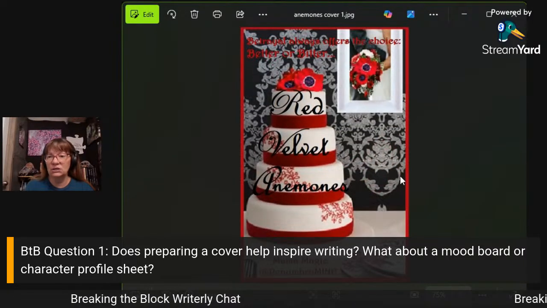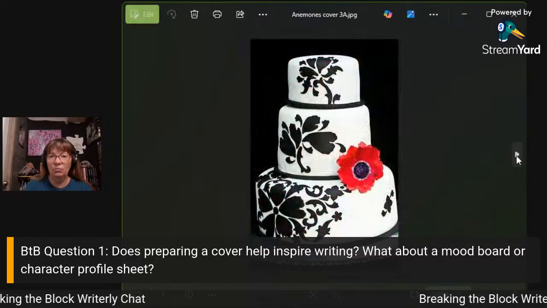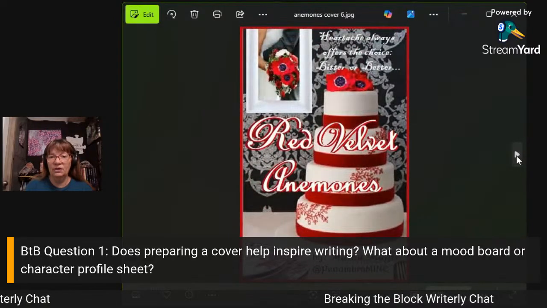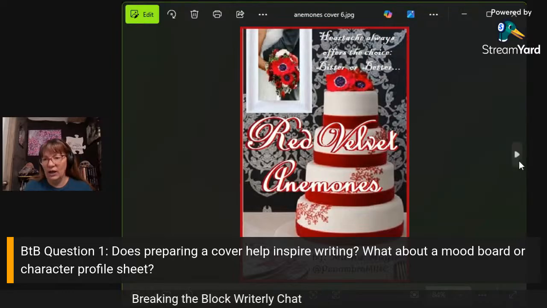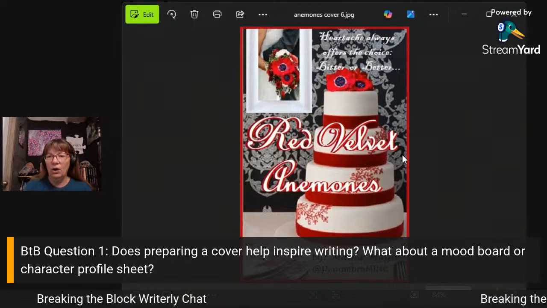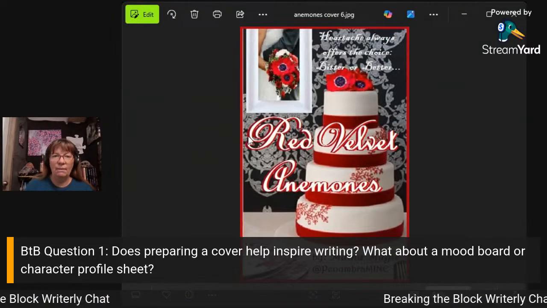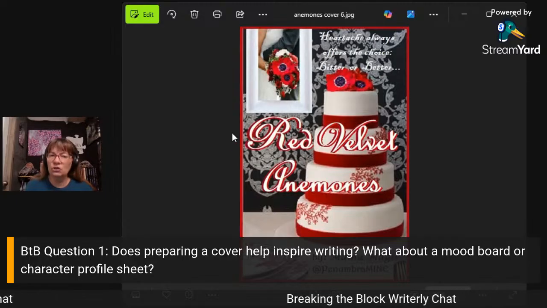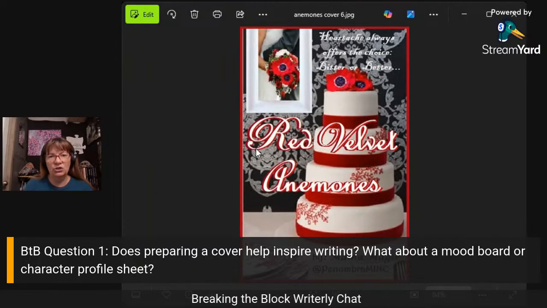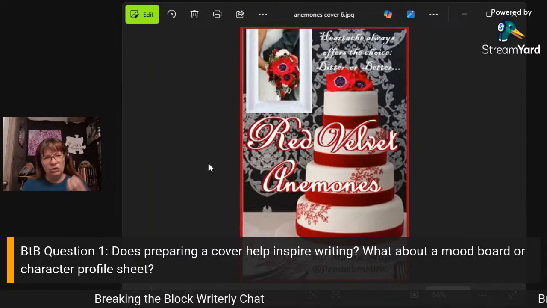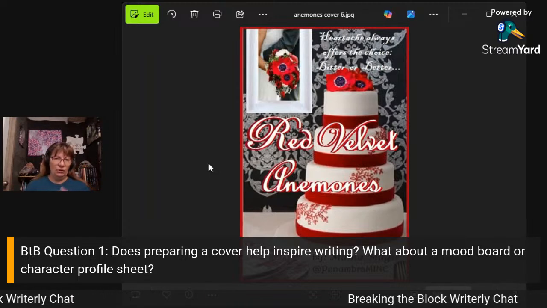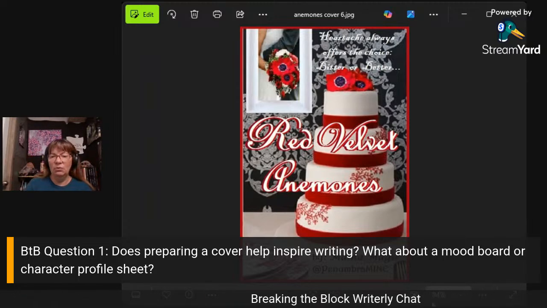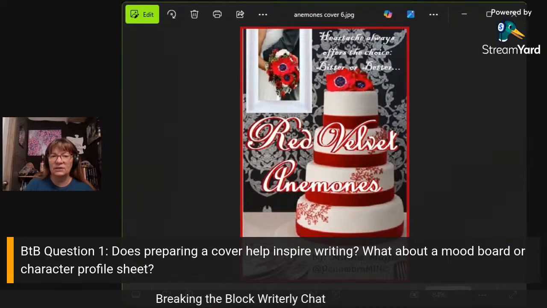Get some images, play with them, move the words around, change the font, try to create this general idea of what you want. You're starting the book, you don't really have much going on with the book, but you need some kind of an image. And there are people who do their cover art right at the very beginning when they're doing all their creative processes.